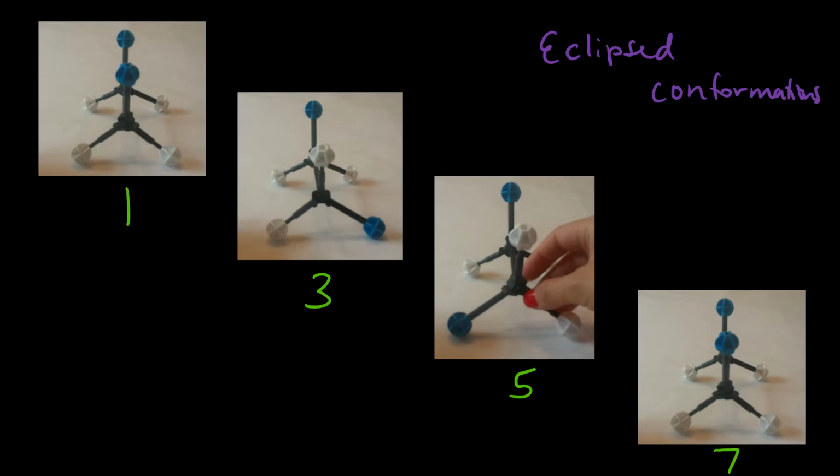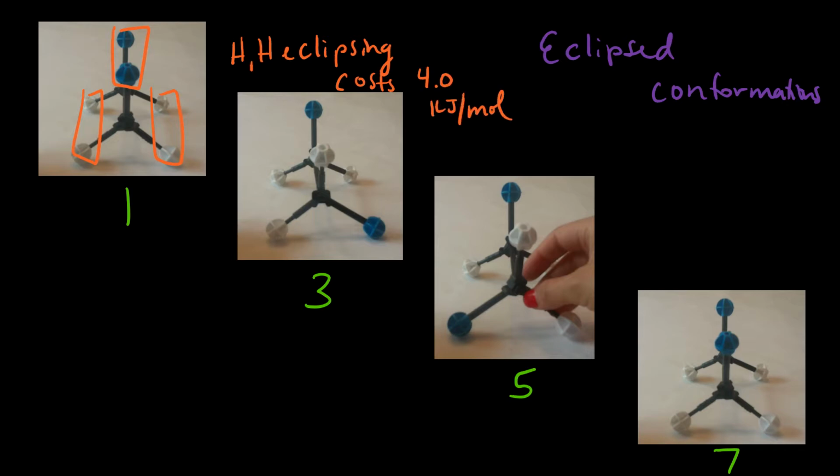If you take a look here, there are 3 what we're going to call HH eclipsing interactions. And each of these costs about 4 kJs per mole, kilojoules per mole. This means that in order for ethane to undergo a rotation, it's going to have to pass through an eclipsed form, and in order for it to do that, it needs to have enough energy.